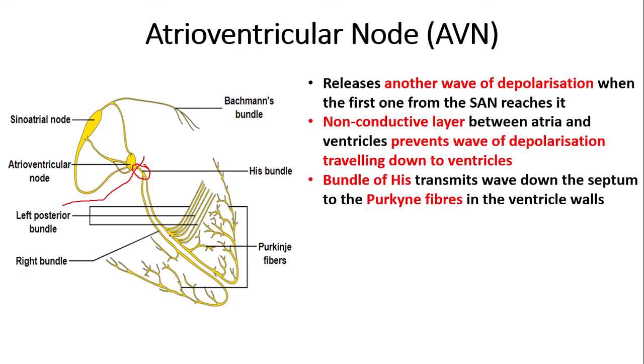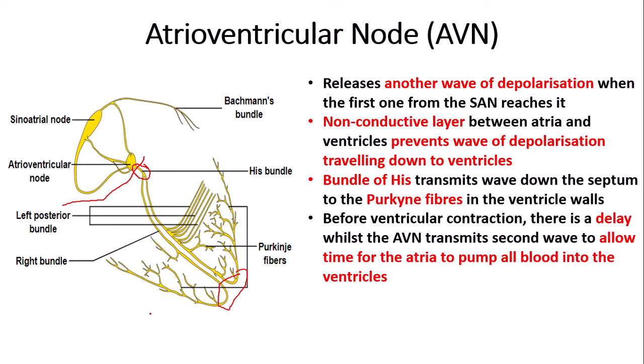The wave hits the apex of the heart, which is the bottom, and it is then transferred to the Purkinje fibers, which are these tree-like structures here. So the wave of depolarization is transferred here. Now these Purkinje fibers are situated in the ventricle walls.